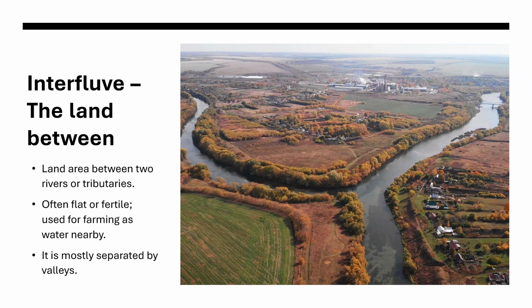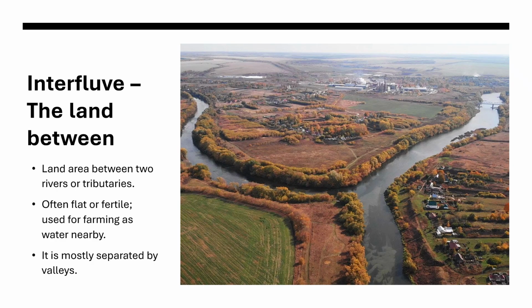So it is good for cultivation. As you can see in the photo, this land is cultivated, which means it's fertile. Farmers love it because of the fertile soil, obviously, and access to water. So, for example, the Free State is some sort of an interflow between the Vaal branches.